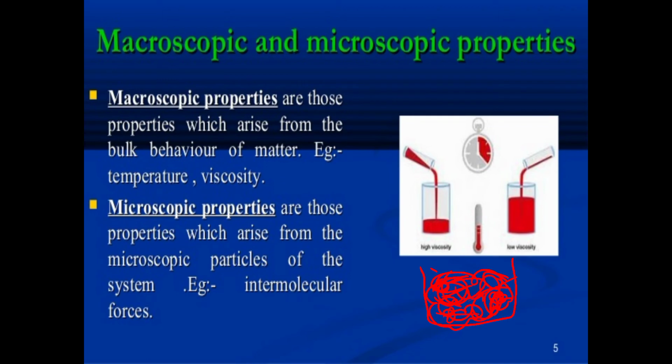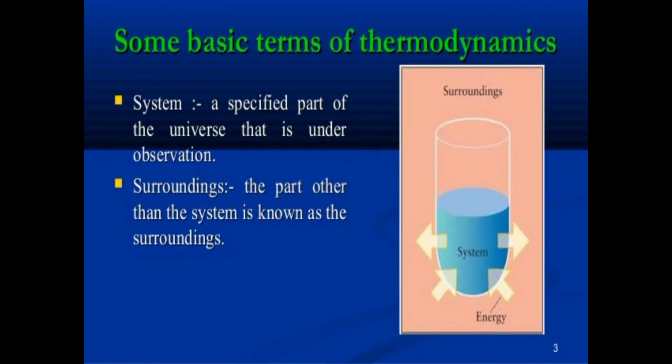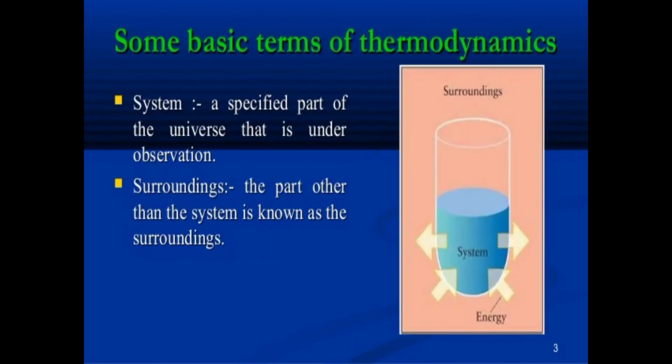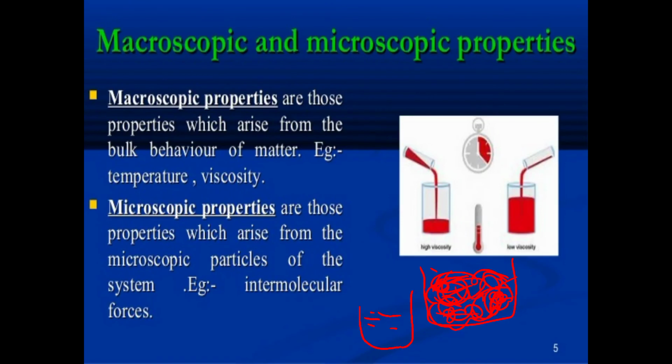Micro means small. So these are those properties which arise from the microscopic particles of the system. For example, intermolecular forces. Again we are taking a beaker and there are a lot of particles in the beaker. We know intermolecular force is very important for each and every particle.